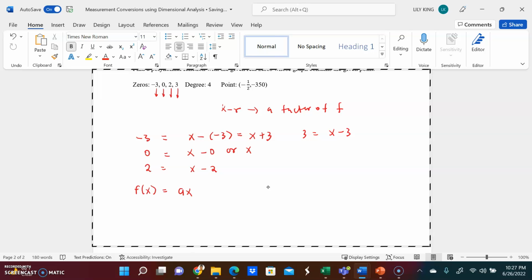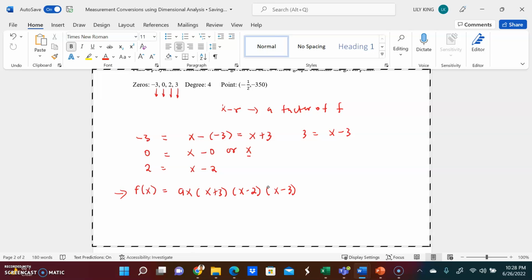The value of a causes a stretch, compression, or reflection, but it does not affect the x-intercepts of the graph. Now we're going to solve for a.